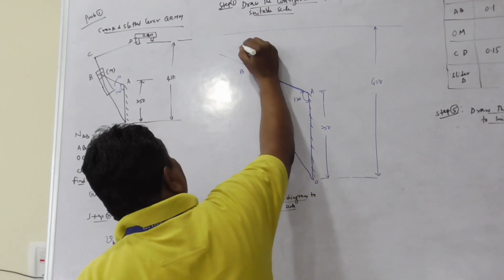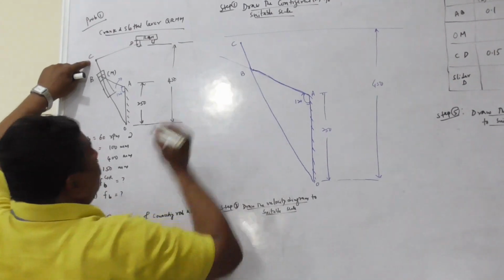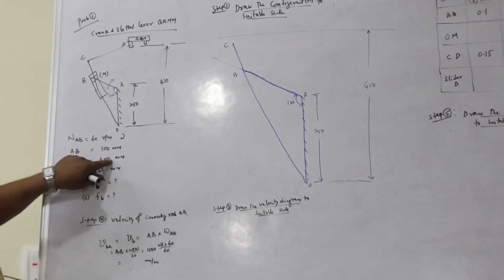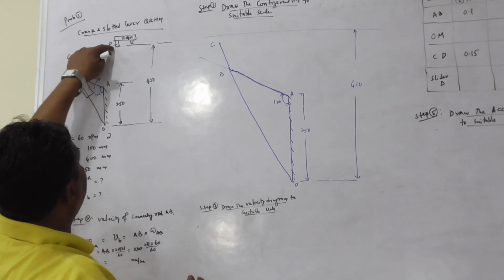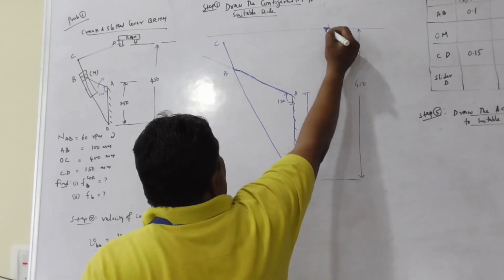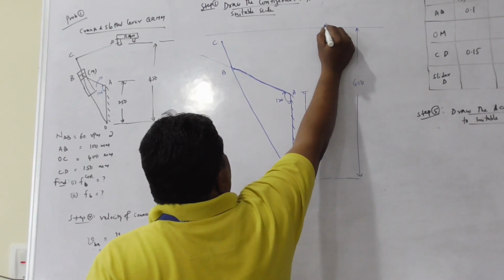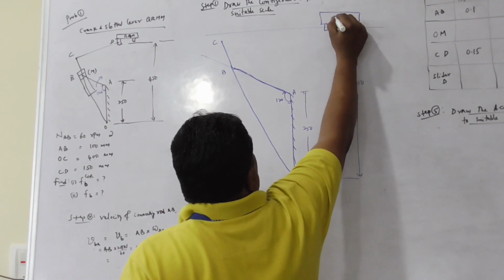Now join OB and extend up to C, whose distance is equal to 400 mm as per the scale of the configuration diagram. With the CD distance as a radius and C as center, cut an arc to represent the point D and show this as a ram.